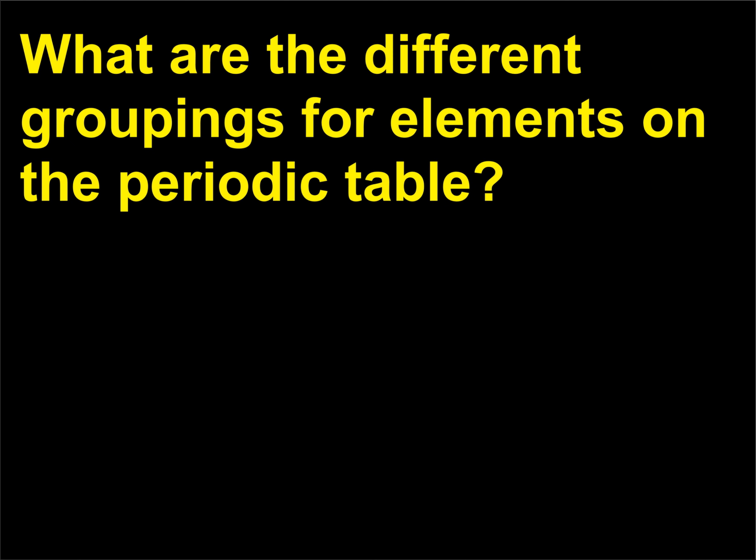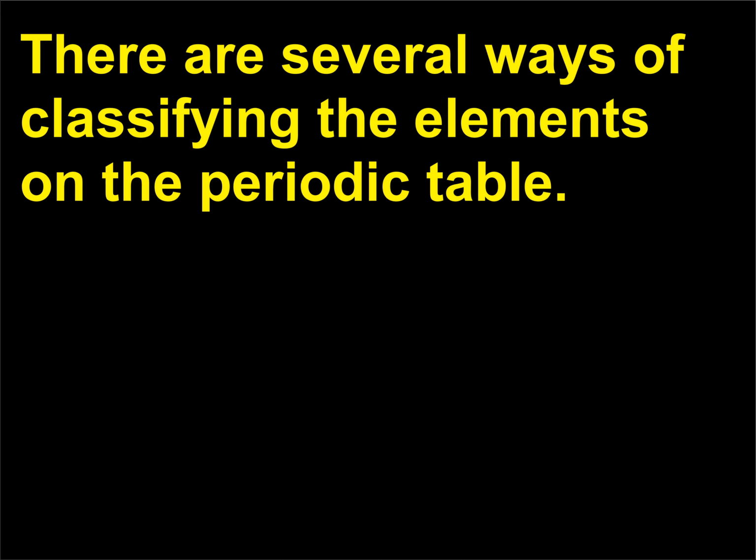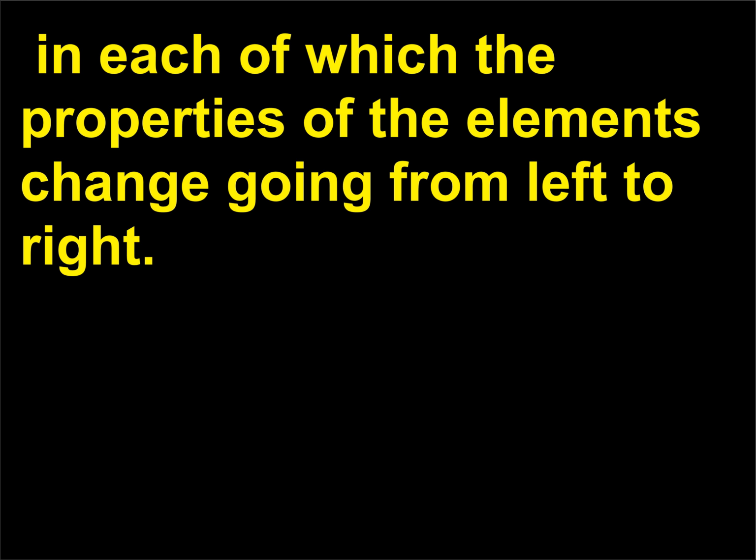What are the different groupings for elements on the periodic table? There are several ways of classifying the elements on the periodic table. One is by the periods, or the horizontal rows, in each of which the properties of the elements change going from left to right.